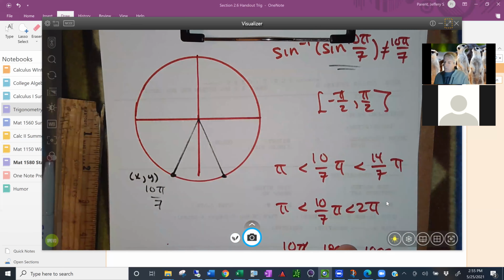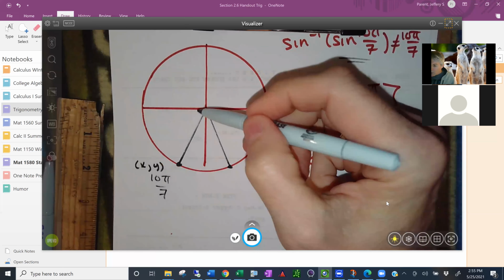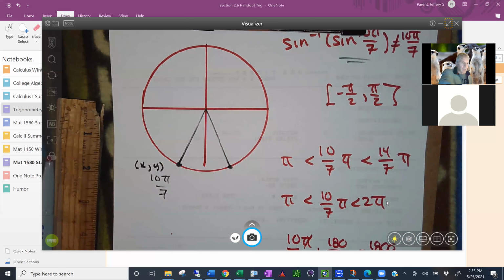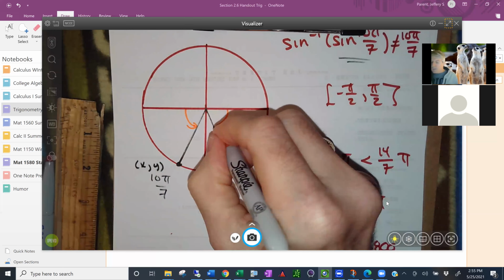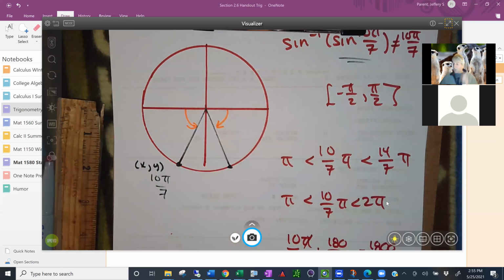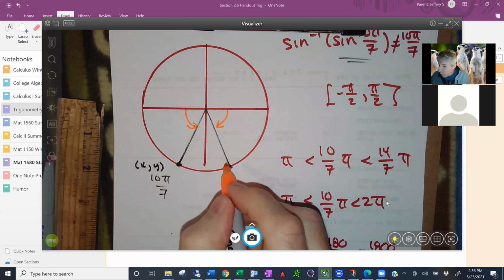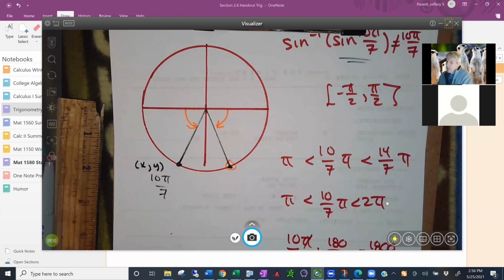Now, I guess I got to figure out what this angle is here between the negative x-axis and here, because that angle and this angle are going to be the same. So if I can figure out what this is, then I could just get to the same y coordinate by going the negative direction. Does that plan make sense?